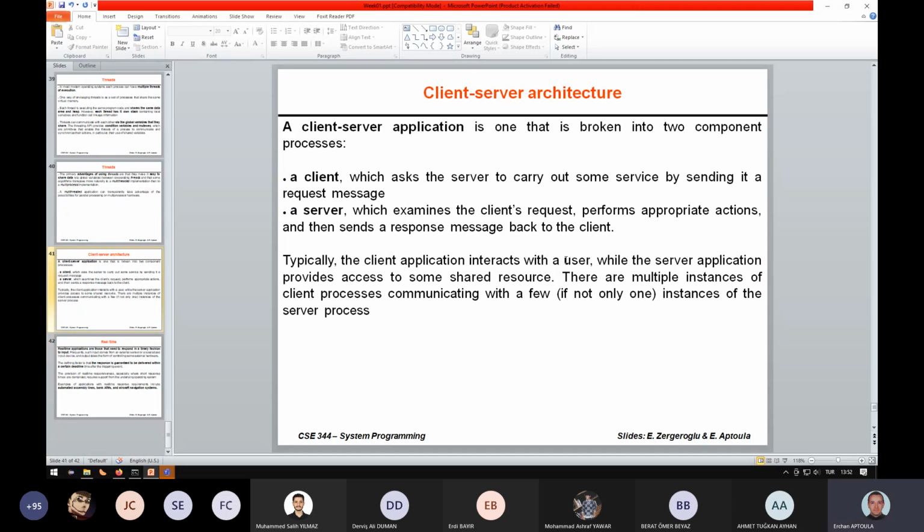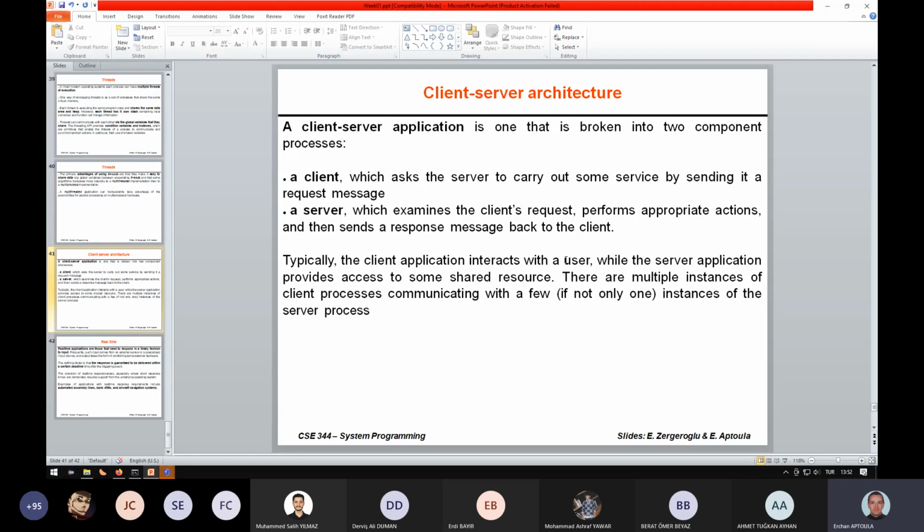At the end of the semester, we will also focus on the client-server application paradigm, which is the most predominant computing paradigm in the world at the moment, where you have one server responsible for serving multiple clients.